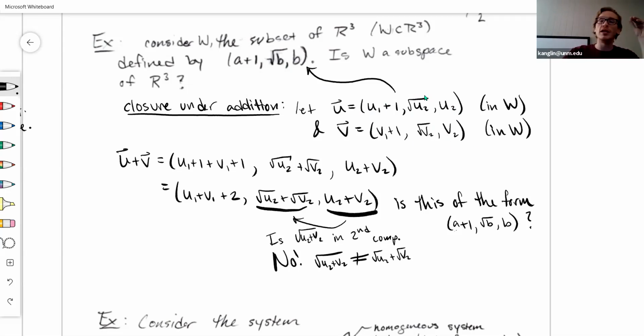What's important is that you leave the general relationship between the components the same, but express it with generality. You don't want to specify the numbers you're using. Since we don't have the right second component compared to the third, this says no, it is not closed under addition.